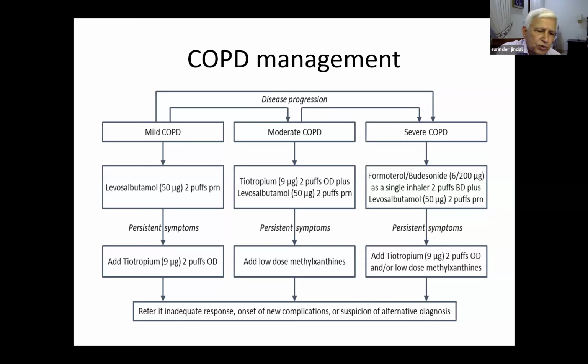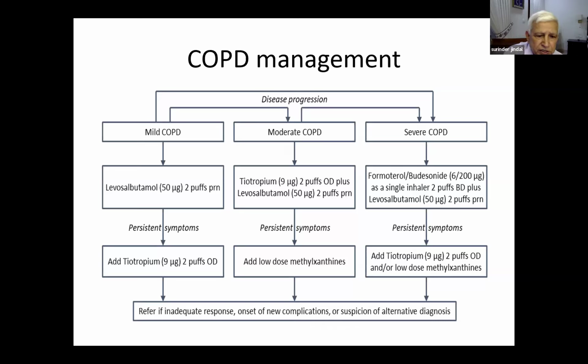These days, especially chest physicians use a lot of other parameters to determine the treatment, dividing the patients into different categories, A, B, and E. Those should be left to the specialist and to higher centers.